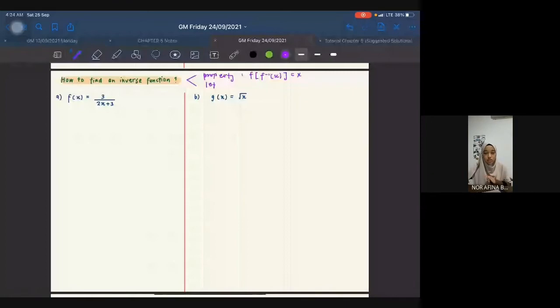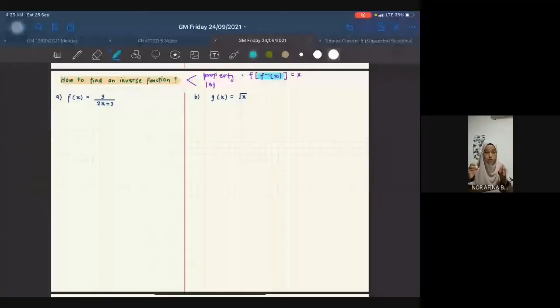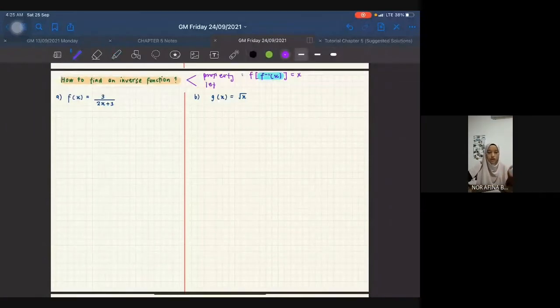So this is just the same method as how we find the inverse, yang kita akan cari sekarang, which is the inside function. Okay, and then for the second method, kita akan guna let method. Okay, let yang ni saya dah tunjuk dekat awal-awal tadi macam dekat arrow diagram of the inverse function tu. Okay, so yang ini let ni nanti kita akan tunjuk kat bawah.